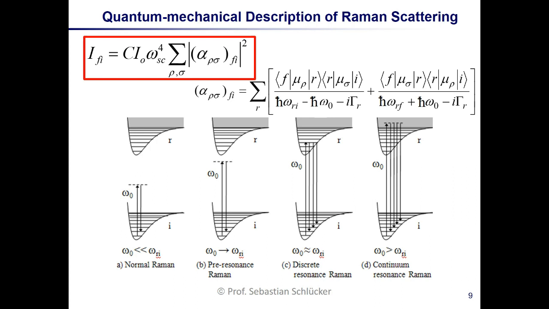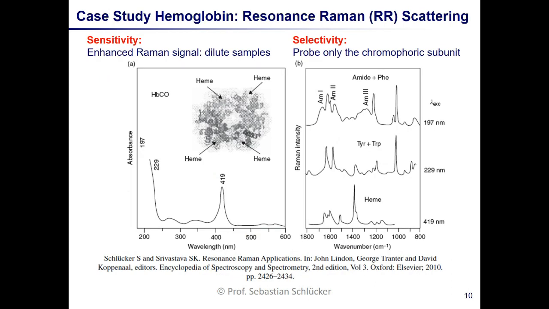Because then this denominator, this difference becomes very small. In the limit it becomes 0, and then because the denominator becomes very small, the overall term becomes very large. The alpha increases in this case of an electronic resonance, and this is normally called resonance Raman scattering. So these are two examples.